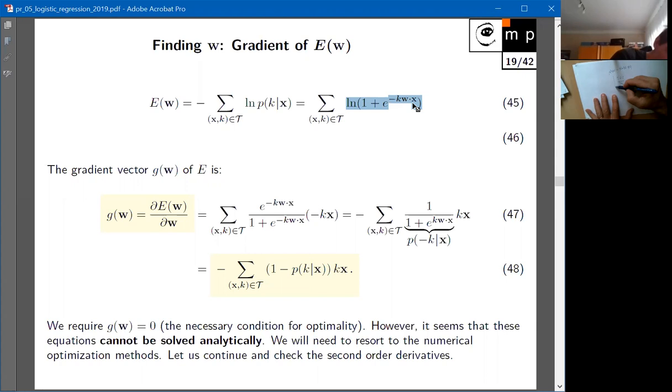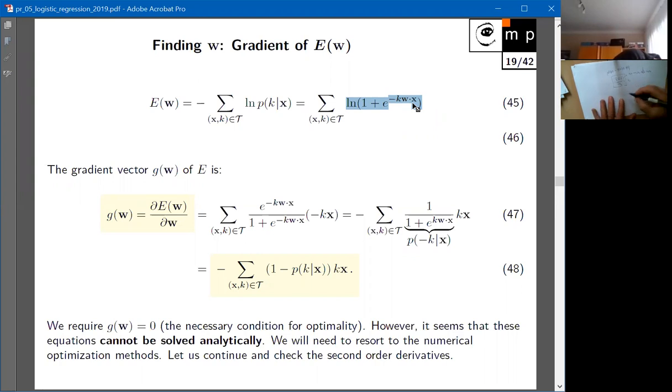Can anyone tell me what this expression is equal to? x j. x j, exactly, because that thing is nothing but w1 x1 plus w2 x2 and so on up to wd xd. So if we take the derivative with respect to w j, everything else is constant because it's not a function of w j, and the only thing which is interesting is w j x j, and this is a linear function of w j.